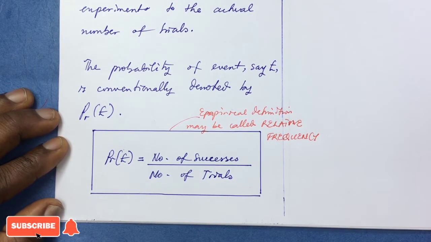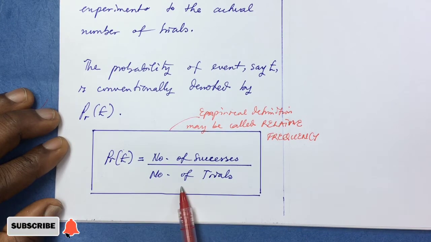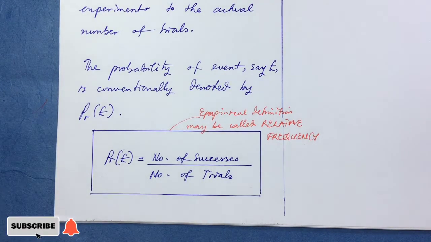And why is it the relative frequency definition? It is because we are taking the number of successes, that is the frequency of successes, relative to the frequency of trials. So all you have to do to describe the probability of an event empirically is to take note of the number of successes in relation to the number of trials.